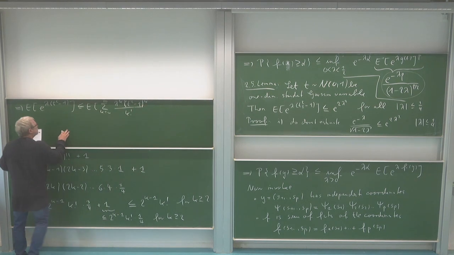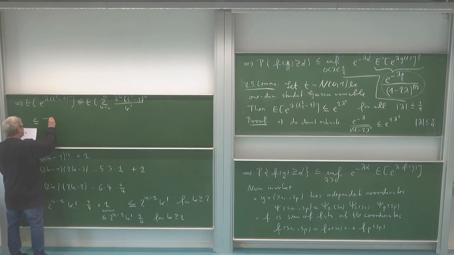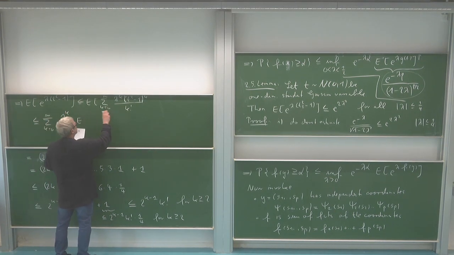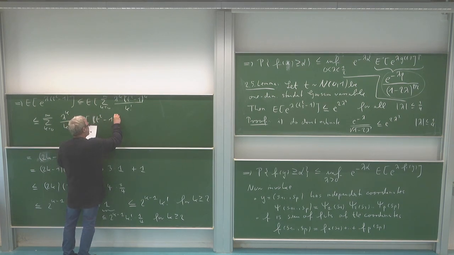And then I have here the sum k from 0 to infinity, lambda to the k, k factorial comes out, and I'm left here with the expectation of the absolute value of t squared minus 1 to the k.